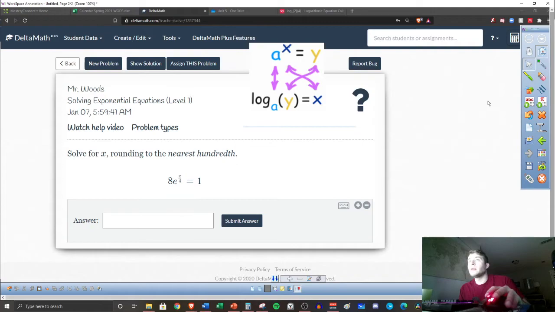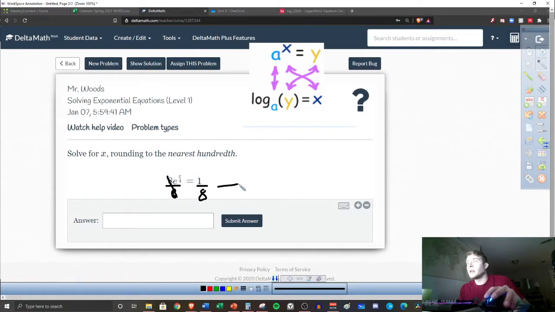So the first thing we want to do is get rid of this 8. We need just the base to a power equals the number. So we're going to divide 8 from both sides. 8 goes away. We end up with e, which we already know is Euler's constant, over 4.